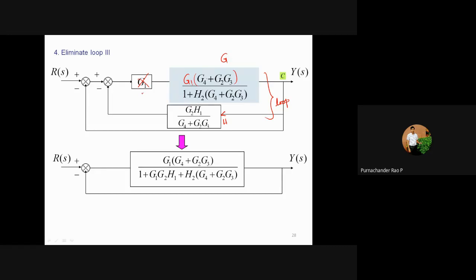Okay, so G1 into 1 plus G2 G3 divided by this, G4, G2 by G1 H1. So this G2 H3 will be cancelled out here. So 1 plus G1 G2 H1 plus H2 into G4 plus H2 H3.